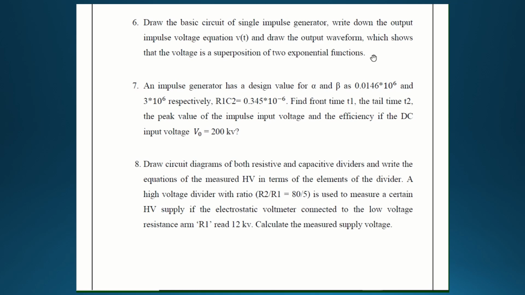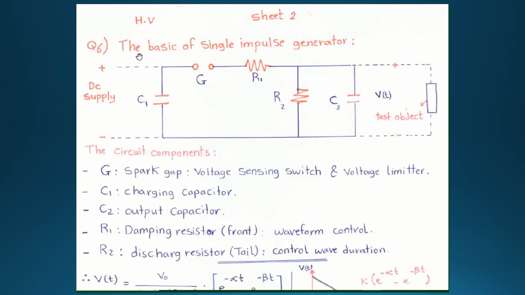Okay guys, so let's move on to the answer sheet. This is the basic single impulse generator circuit. How does this circuit operate? As you can see, we have different components like RC elements here, and the test object will be here.